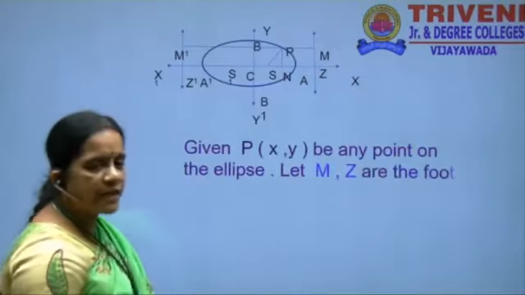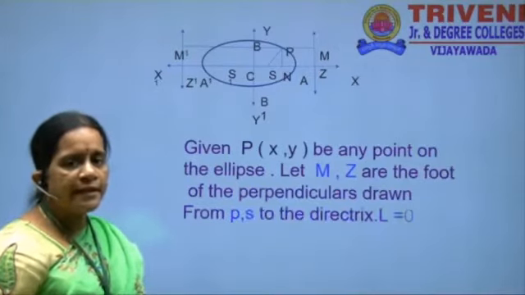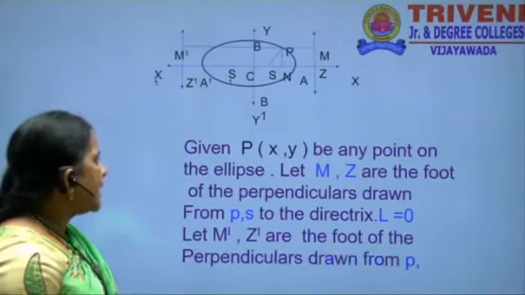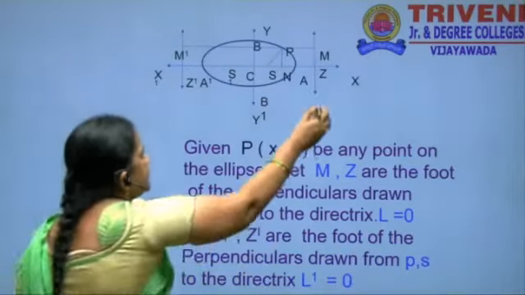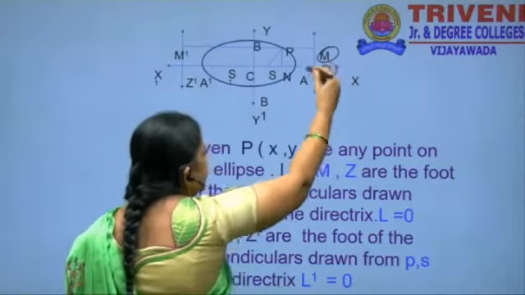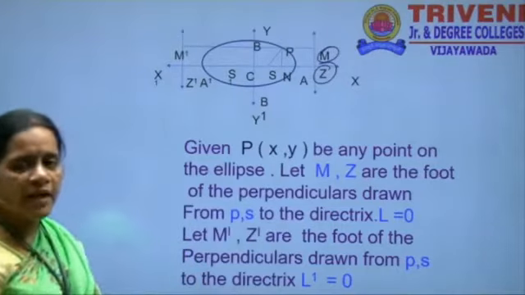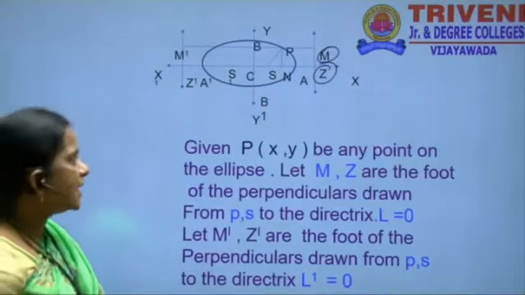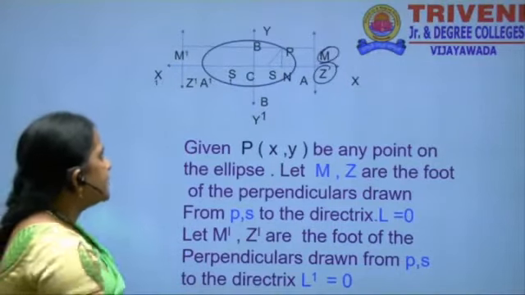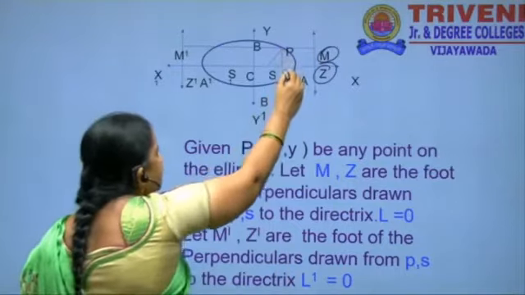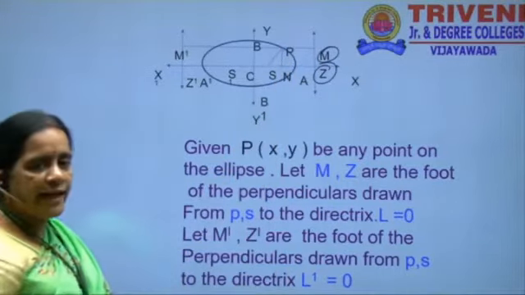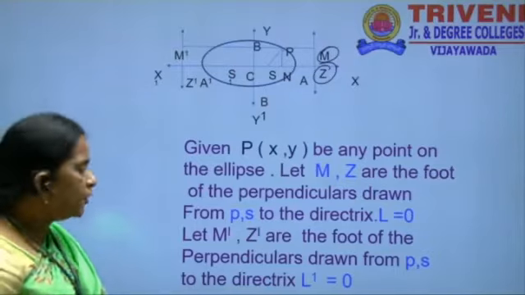Given P(x, y) is any point on the ellipse, and M and Z are the feet of the perpendiculars drawn from P to S on the directrix L equal to 0.